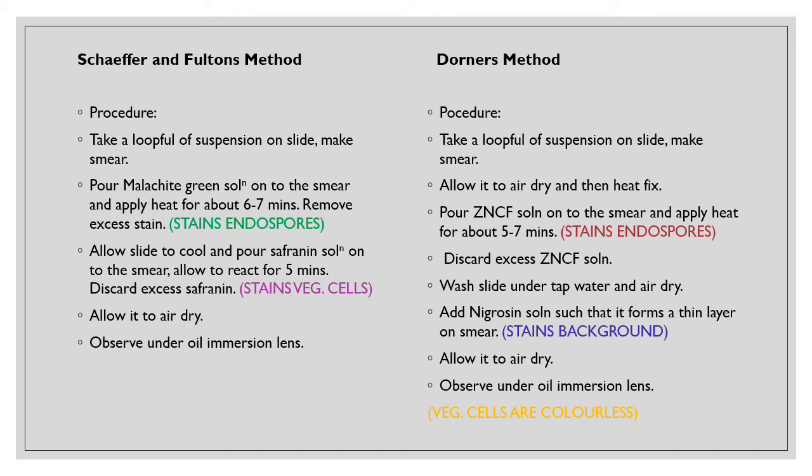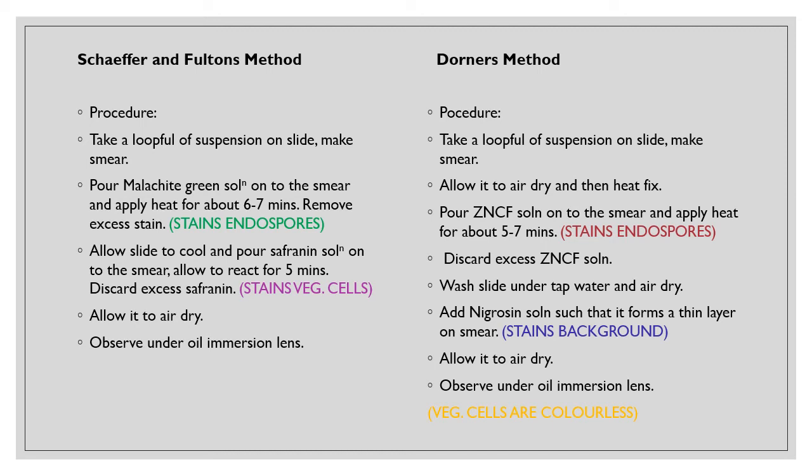So in further steps you remove the excess stain and you add the safranin. On addition of safranin, the vegetative cells take up the secondary stain, which is the safranin, and it is also known as Fulton's stain. Okay, and due to this safranin, you observe your vegetative cells stained pink.